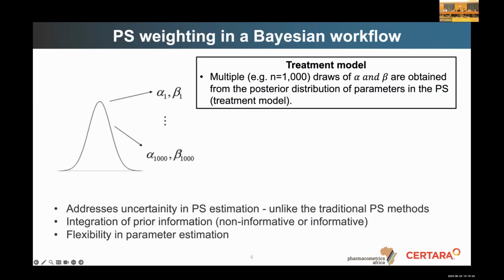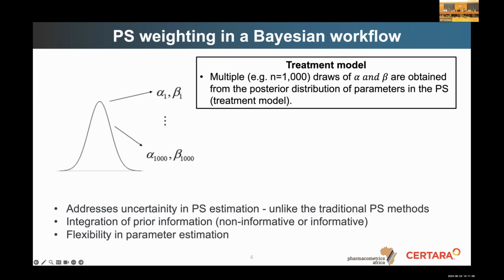What is being proposed in this work, what we are undertaking, is actually a Bayesian framework in which you still use the treatment model, but rather than considering your estimates as being exact, you sample from the posterior distribution of these model parameters. For example, you could take up to 1,000 rows. For our instance, we are considering 2,000 rows.